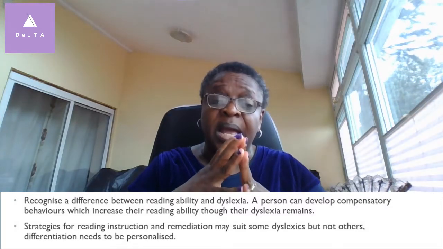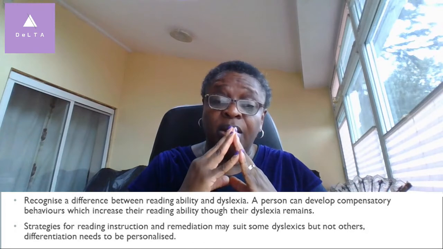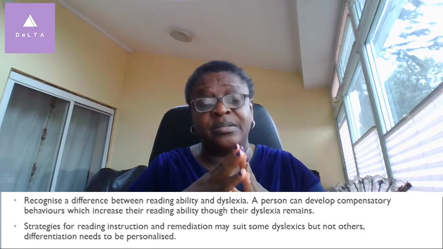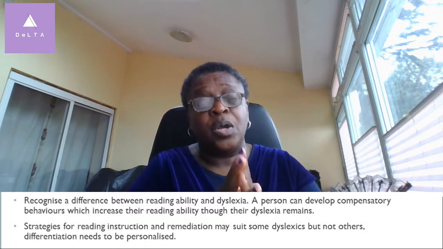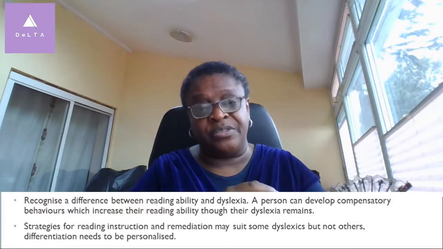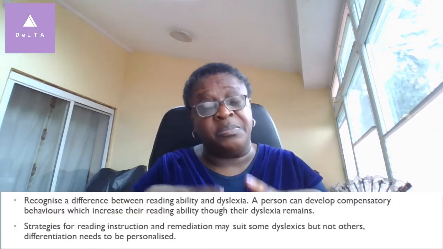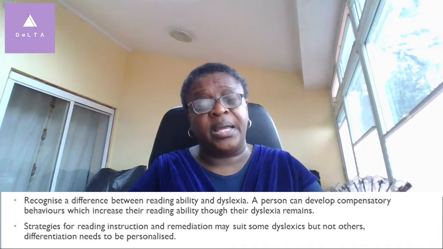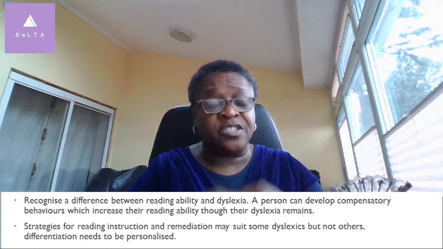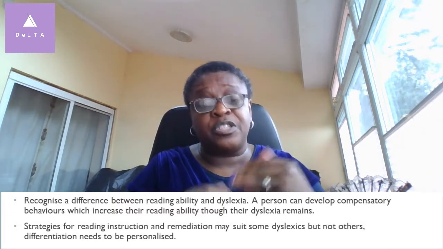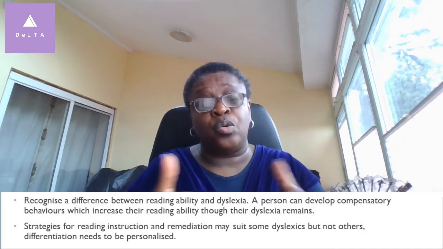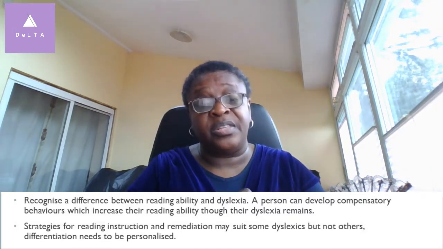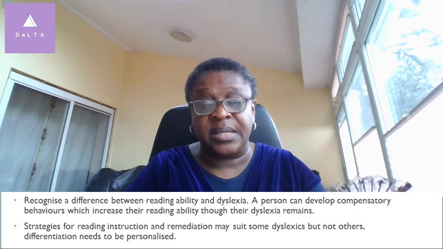You now have to plan lessons or plan remediation for individuals. And so definitely there will need to be some kind of whole school approach there and some provision for specialists to come in and make opportunities for this differentiation to take place.